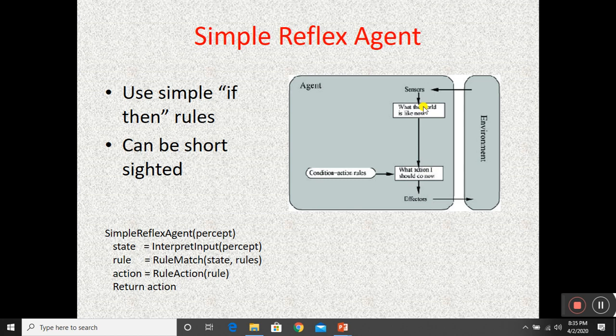So the sensor has sensed the environment, and now it is in the decision process, thinking about what action to do now.